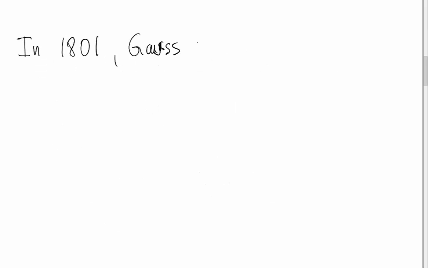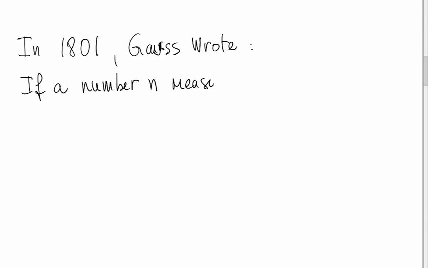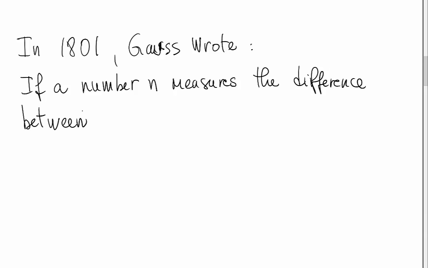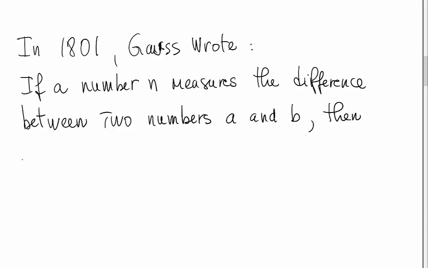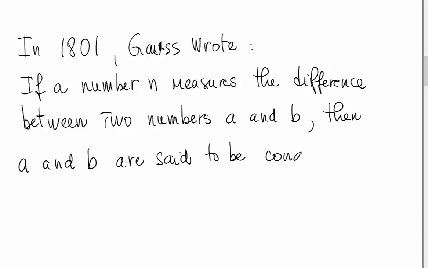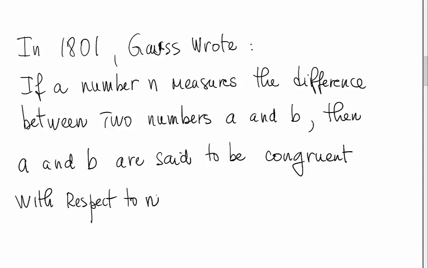In 1801, Gauss wrote the following: if a number n measures the difference between two numbers a and b, then a and b are said to be congruent with respect to n.